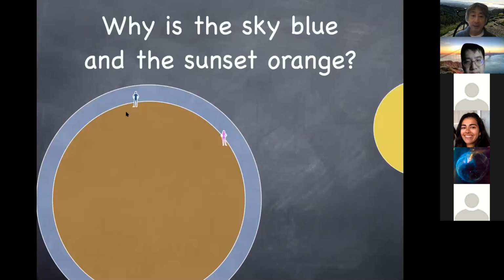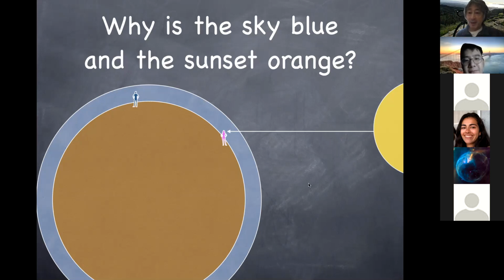When you are standing on the earth and looking at the sky, sunlight can directly come into your eyes, which you shouldn't do because that would burn your retina. But we have learned that the thickness of the atmosphere is much thinner compared to the mean free path of the photon.